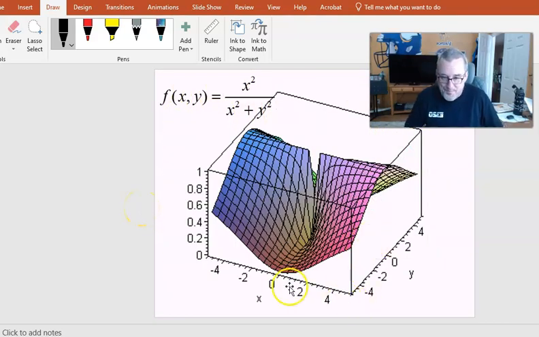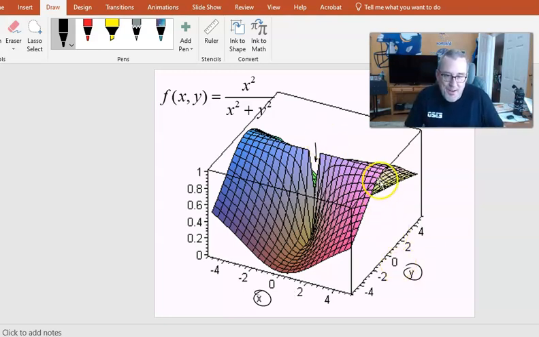Here it is. As x approaches 0 from any which way, as y approaches 0 from any which way, as they both approach 0 from any which way, notice what's happening here. Instead of a break or a hole in the graph or an asymptote like you would have seen before, we get a tear in the graph. I don't mean a physical tear, but that's what we call it. It looks kind of like the graph got torn there.